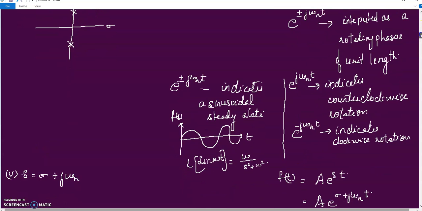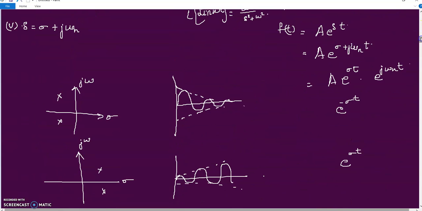Next, we have s is equal to sigma plus j omega n. Here, in the time domain, we can represent this function as e raised to minus at into sine omega t. So what is the Laplace transform of this? When e raised to minus at is multiplied, we have F of s plus a.